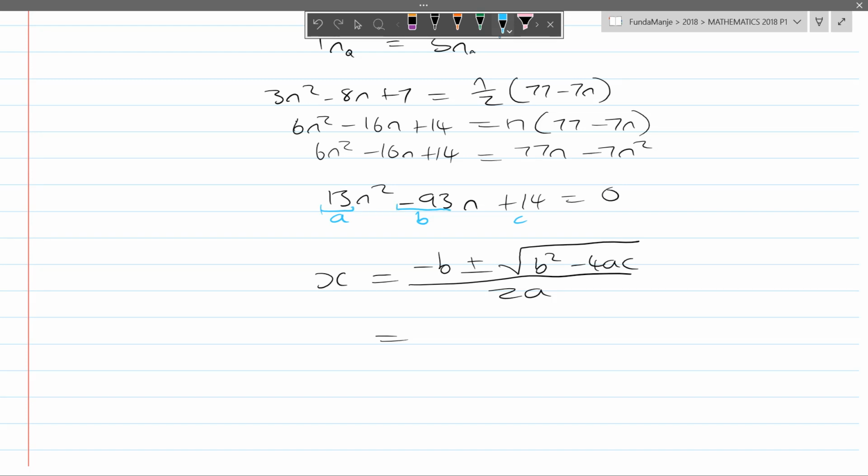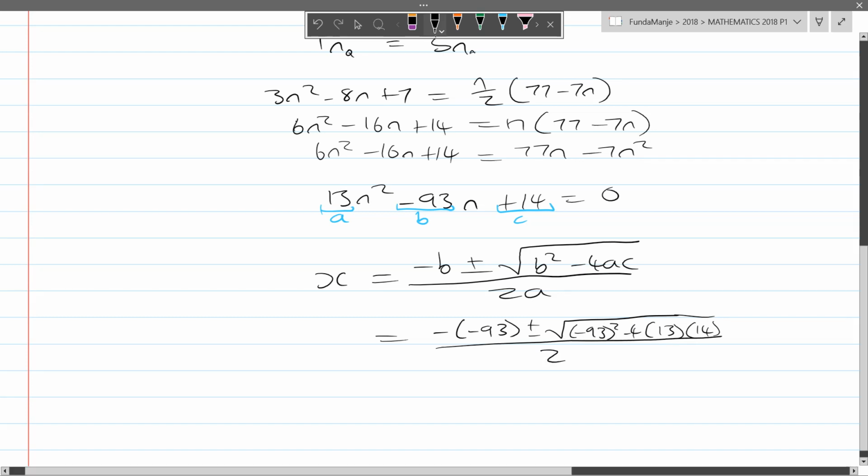So don't forget to substitute with the sign. In this case, b is negative 93. So be careful with the signs when substituting. Plus minus the square root of negative 93 squared minus 4, a is 13, c is 14. This is all over 2a, which is 13.